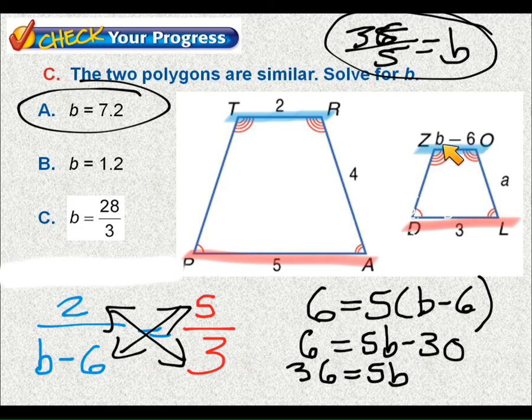B would be 7.2. If I wanted to find what this side is, it would be 1.2 because I'd have to subtract 6. Does that make sense, what similarity is? We're going to continue talking about similarity this entire chapter. But you can just think of them as blown up or scaled down versions of each other. Angles are the same, sides are proportional.